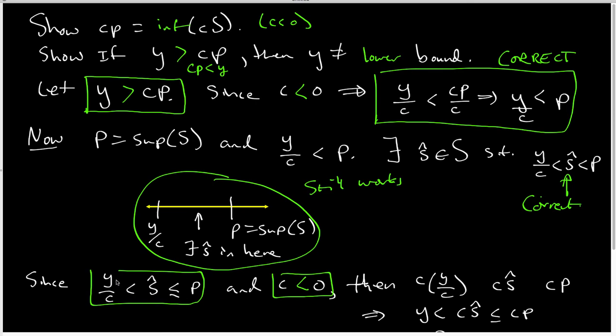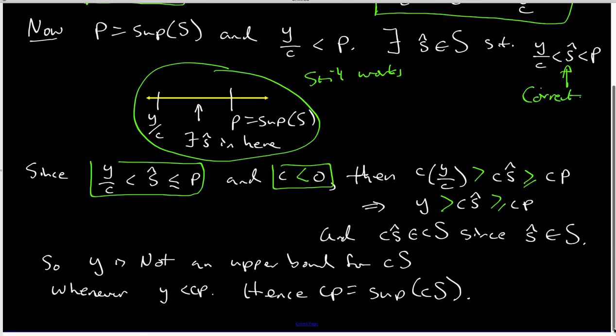We go from Y over C is less than S hat is less than or equal to P to C times Y over C is greater than C times S hat, and C times S hat is greater than or equal to P. And then we finally need to clean this up. And when we do, we get greater than or equal to's in both of those places.